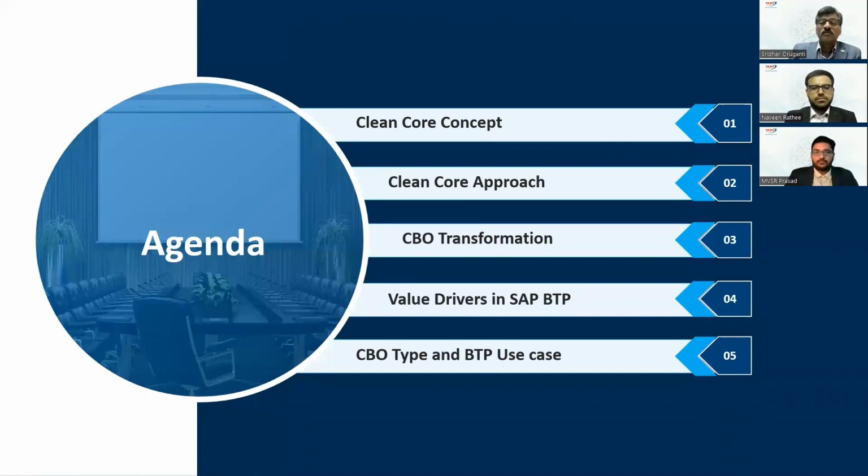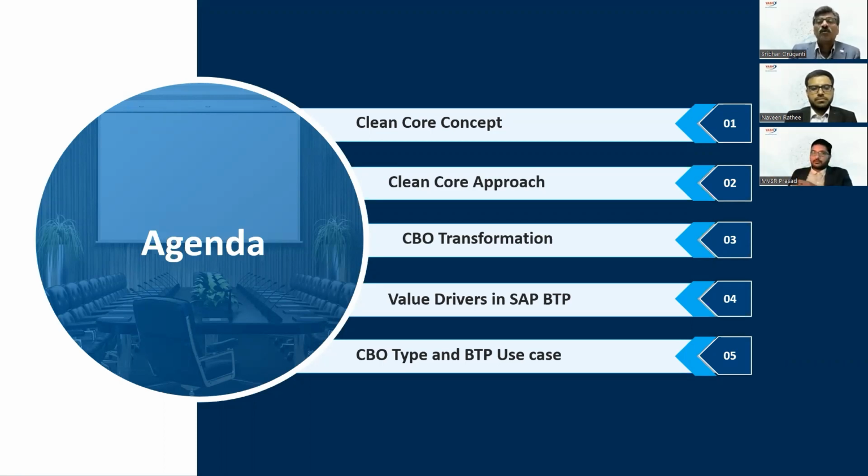This being the agenda, we are quickly going to cover the concept of clean core, what it is, how it is achieved, what various technologies and tools are offered by SAP to achieve the clean core concept in the first place, why it is important to keep the core clean, and what it means.